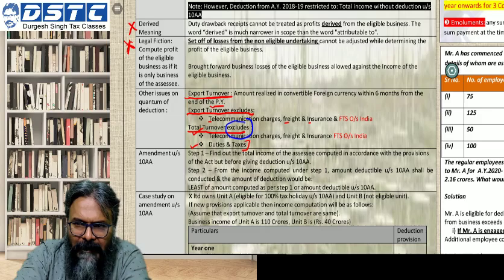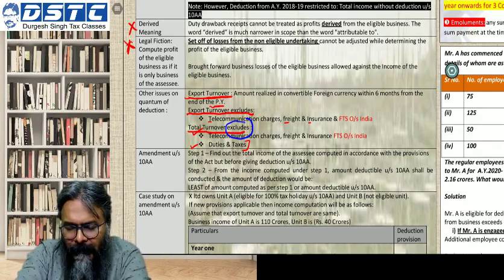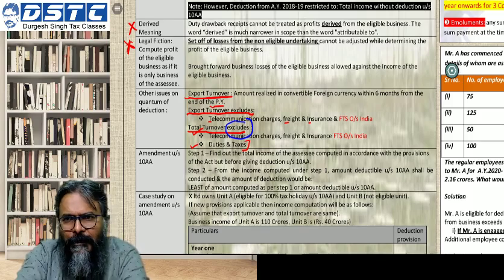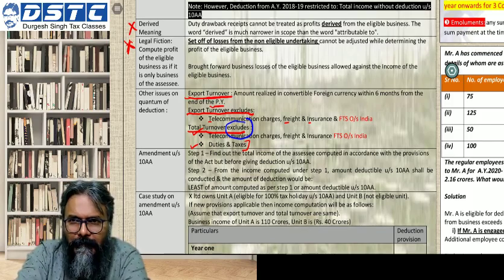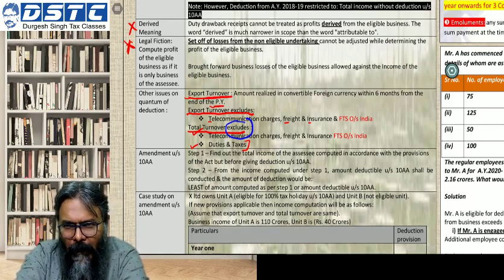But the very fact that the export turnover in the total turnover is on gross basis, therefore this freight and insurance has to be excluded on the gross basis, and that is the reason why from 50 I have minus 5.